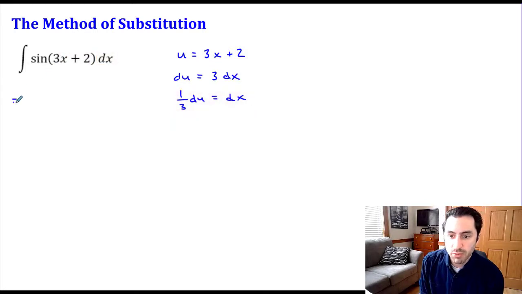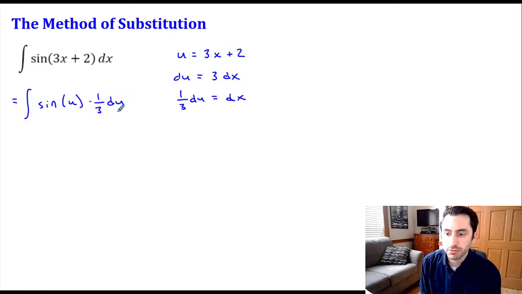So what we end up with now is the integral of the sine of u, and then instead of dx, we'll substitute in 1/3 times du. One of the properties of indefinite integrals is that I can take this constant factor and bring it out front. So I'll rewrite this as 1/3 times the integral of the sine of u du.